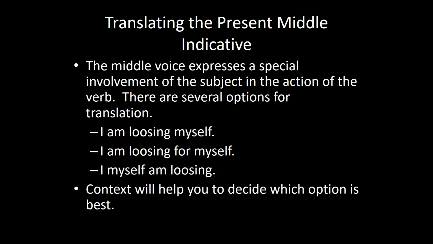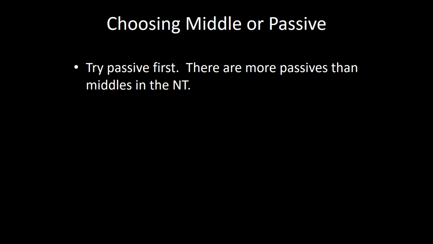Remember context. Try out the different options and see which one makes most sense in context. When we have a form that could be either middle or passive, it's a shared form. The only way you're going to know is by context, but there are some clues and some things we can do to help us out.